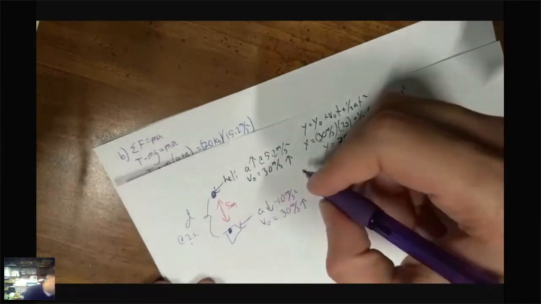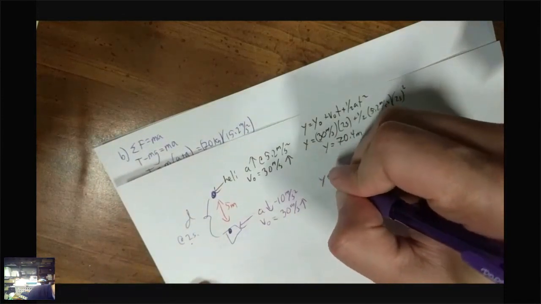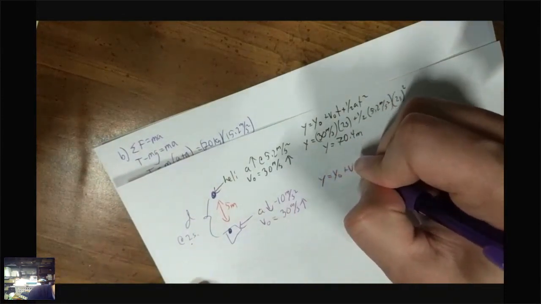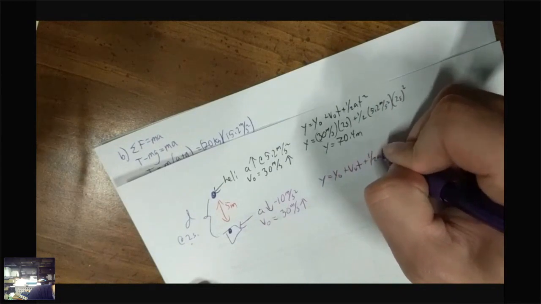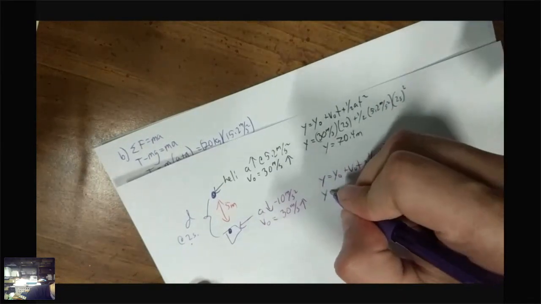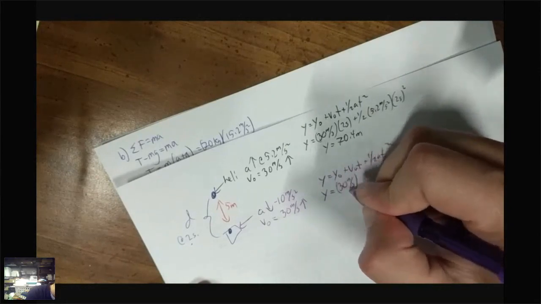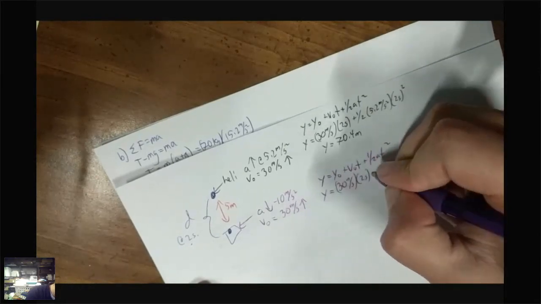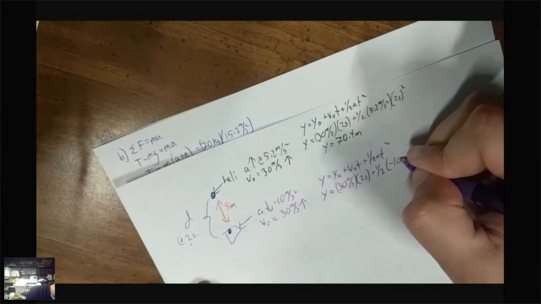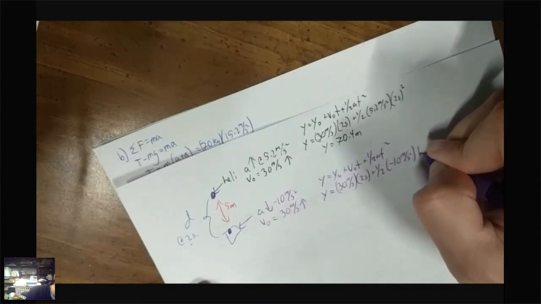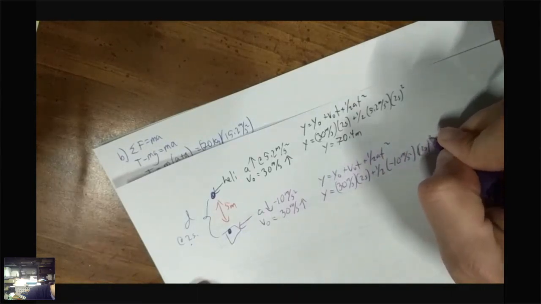For the package, or our box, we're doing the same thing. So our package will have an initial velocity of 30 meters per second times 2 seconds plus 1/2 of negative 10 meters per second squared times 2 seconds squared.